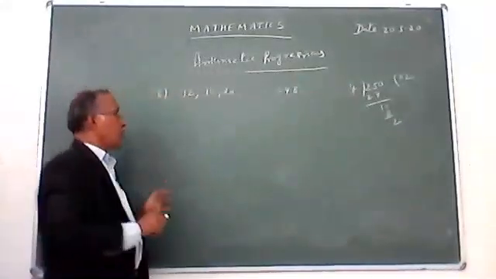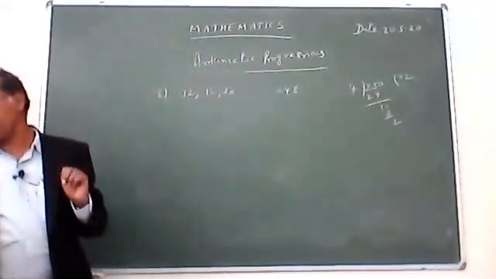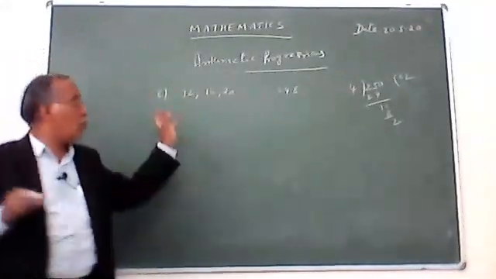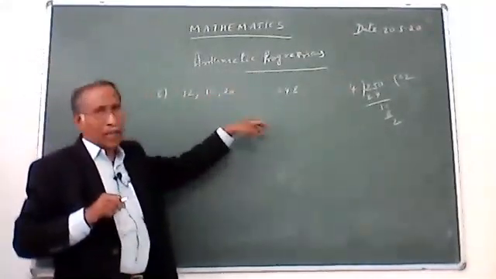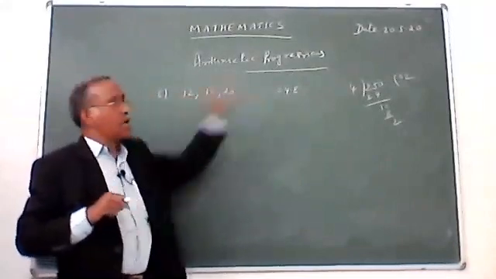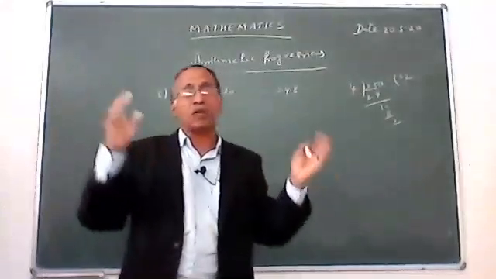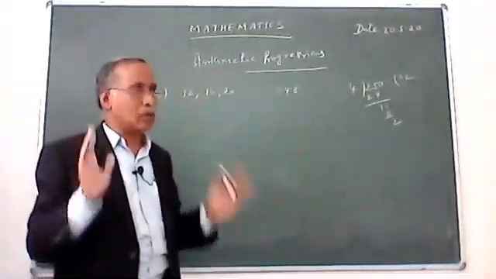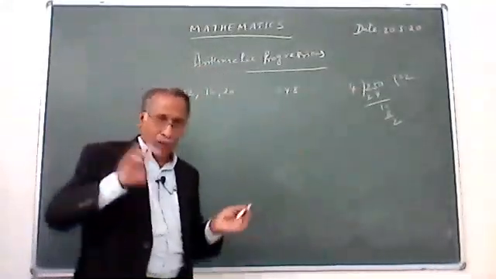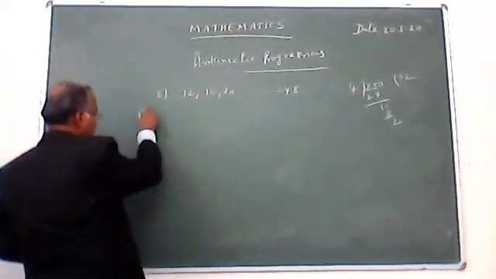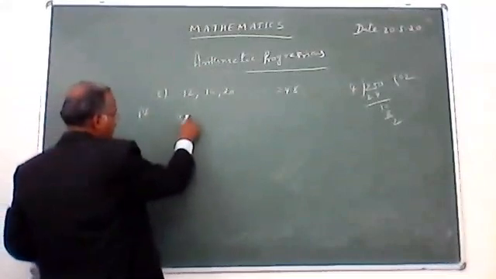What did they ask me in this sum? How many multiples of 4 are lying between 10 and 250? Between 10 and 250 means 10 and 250 are not included. From means both are included. Now, in this AP, what is the first term?